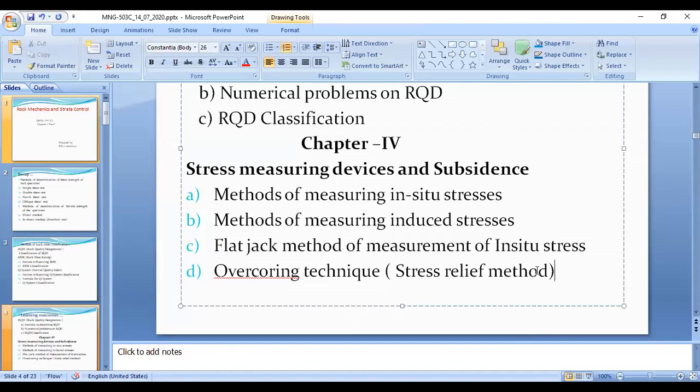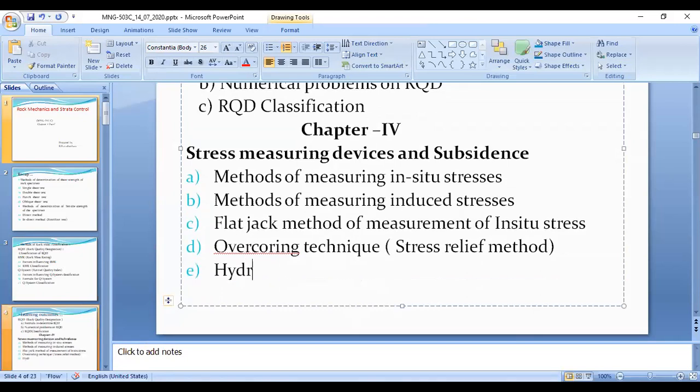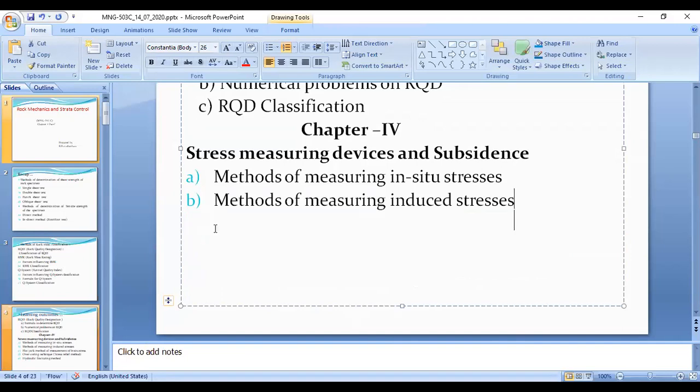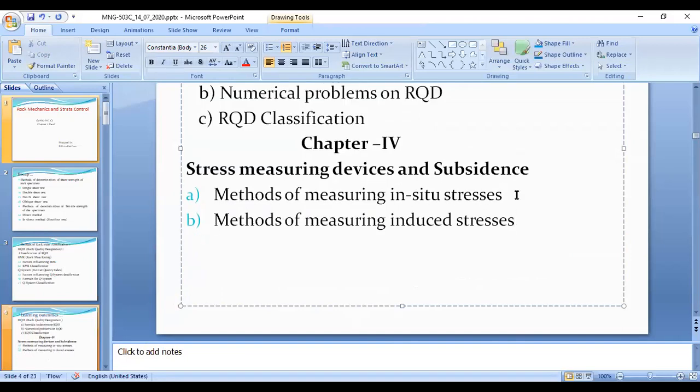This comes under... okay, let me classify. Next one, hydraulic. So these three come under the category of this.